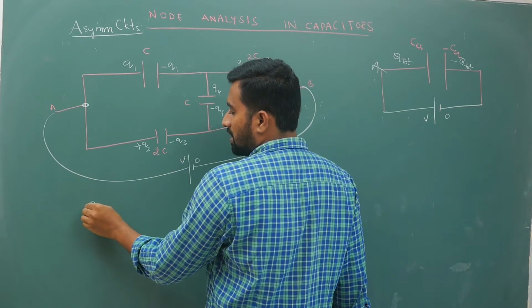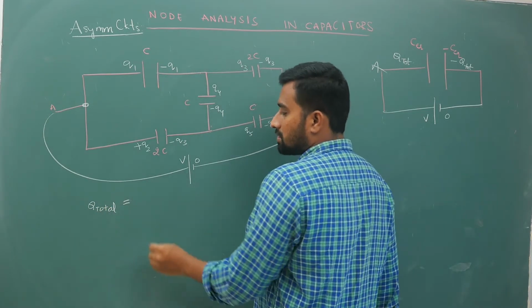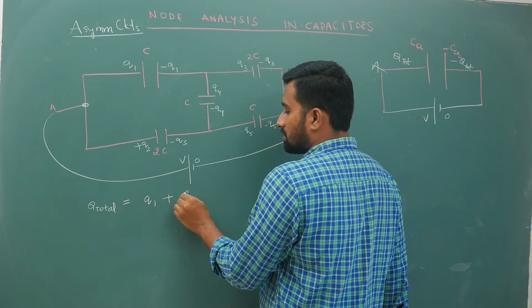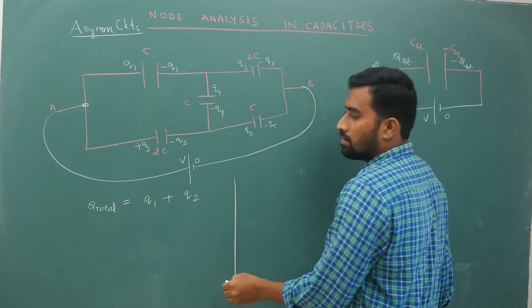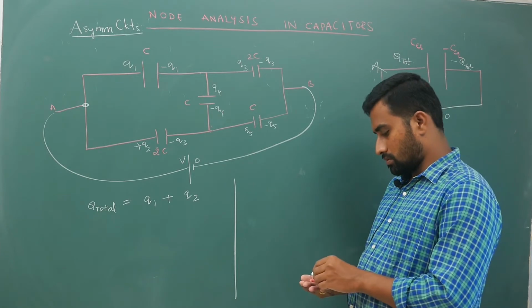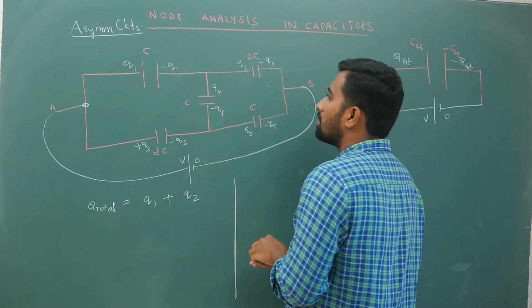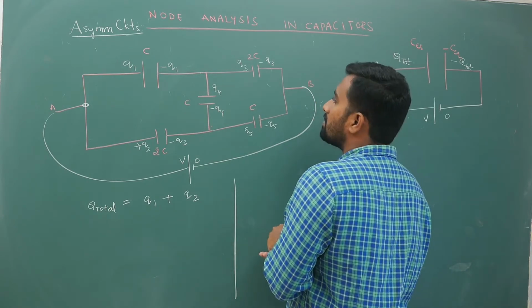So your total charge Q total is Q1 plus Q2.